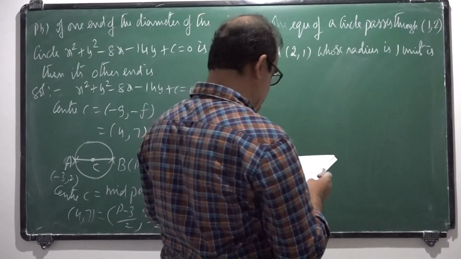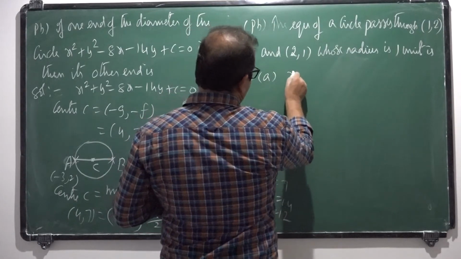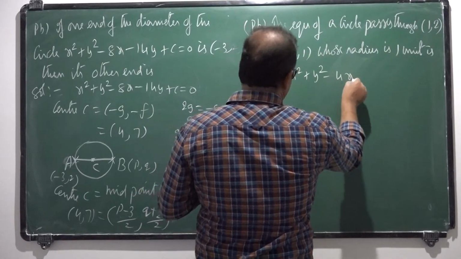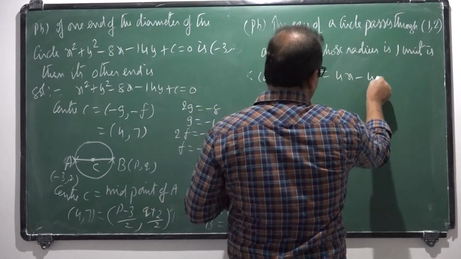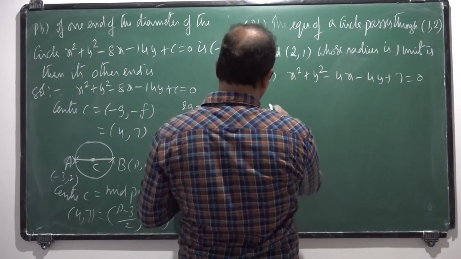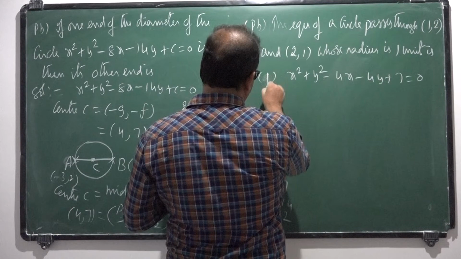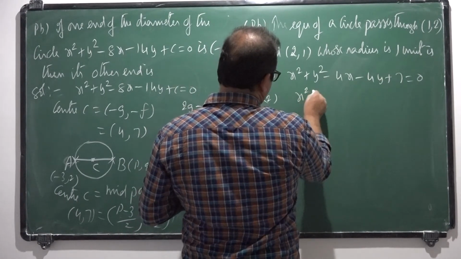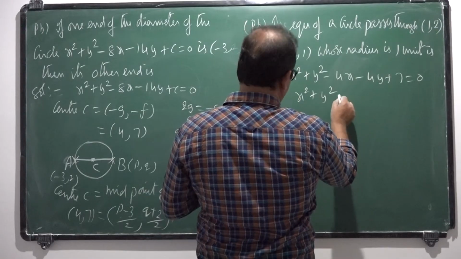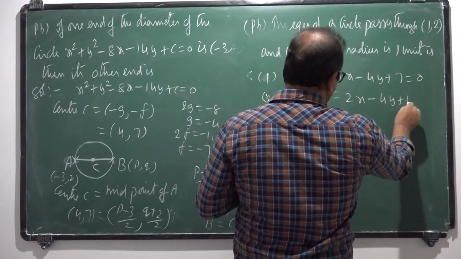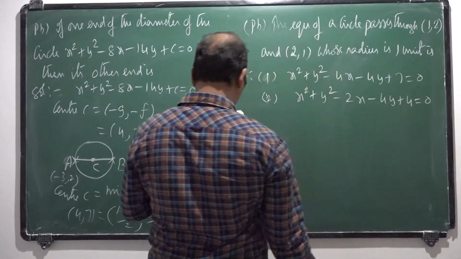Write the options also. First option, x square plus y square minus 4x minus 4y plus 7 is equal to 0. Second, x square plus y square minus 2x minus 4y plus 4 is equal to 0.